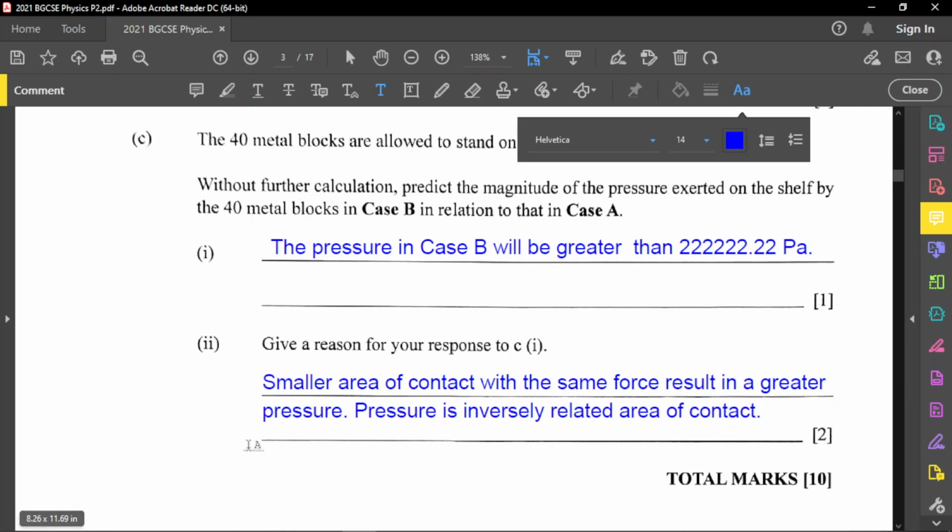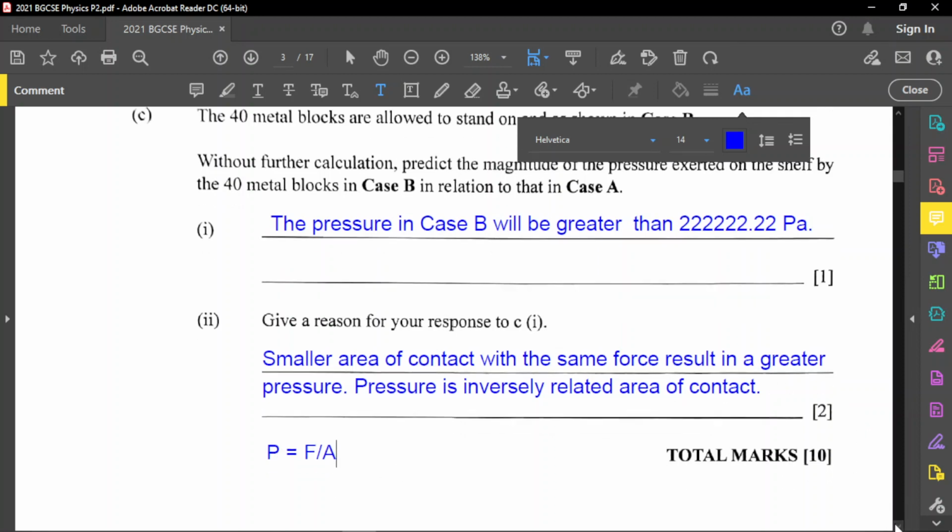So what I'm saying now, based on the formula, as area decreases, as in case B, the area decreases, then the pressure will increase because remember that pressure is equal to force over area. And so if you think about it carefully, you will notice that if you have a bigger area, then the pressure must be smaller. So if the area is smaller for the same force, then the pressure will be a greater value. All right, so we know that for sure. All right, so that covers that part.